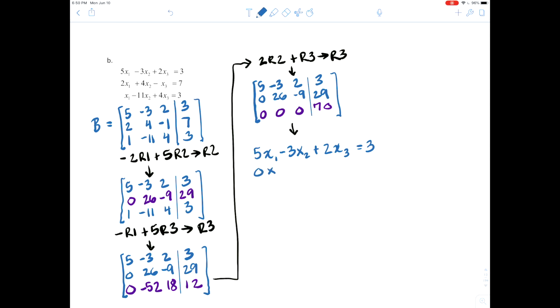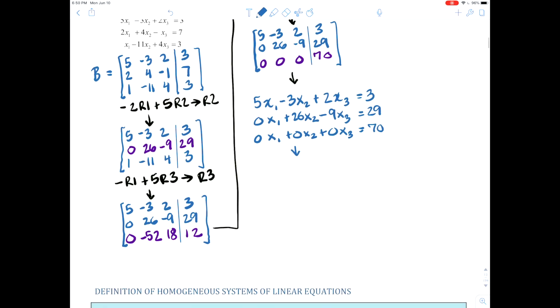Actually, I'll write them this time since we have that weird row 3. And then plus 26x2 minus 9x3 equals 29. And then 0x1 plus 0x2 plus 0x3 is going to equal 70. So when I simplify these again, what's going to happen?